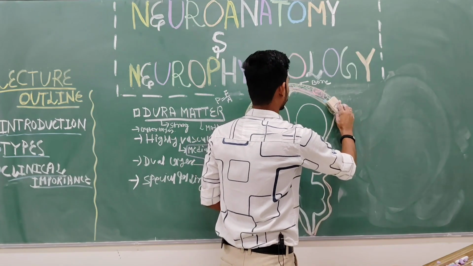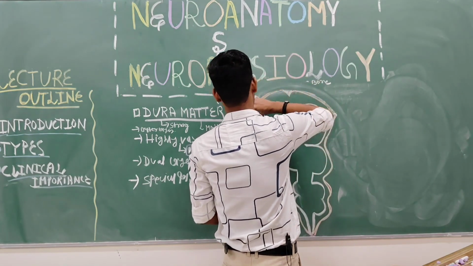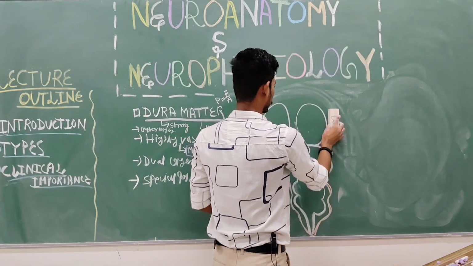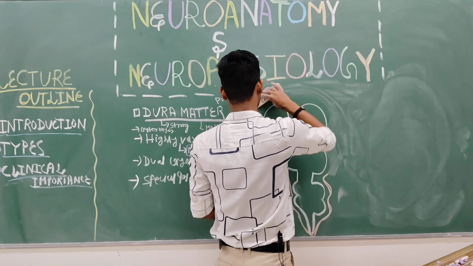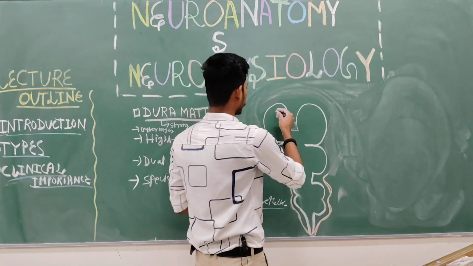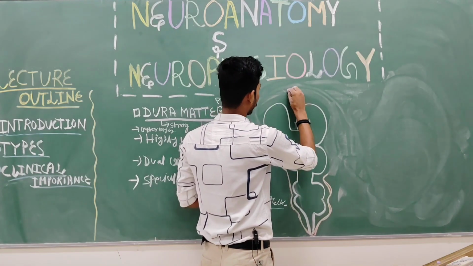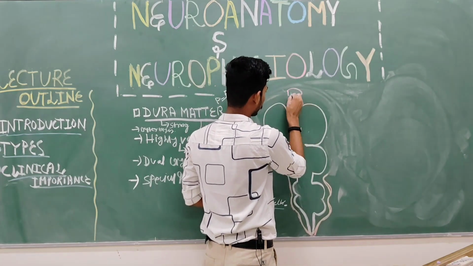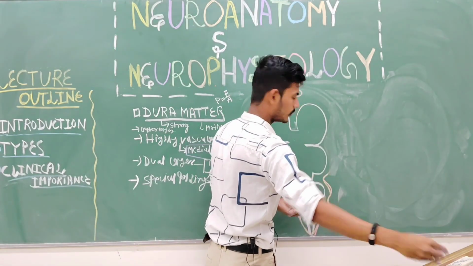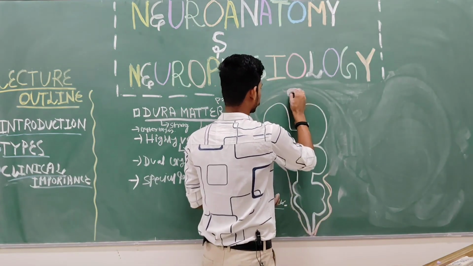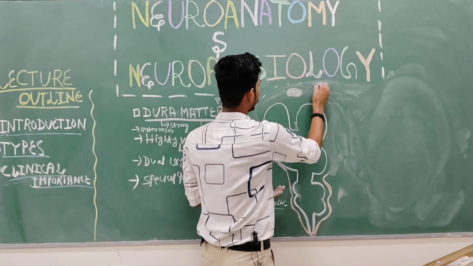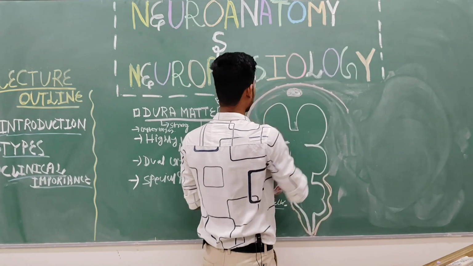Now just make the small layer. Now the first outer layer we discussed, it is your dural venous sinus, and this was your periosteal layer.